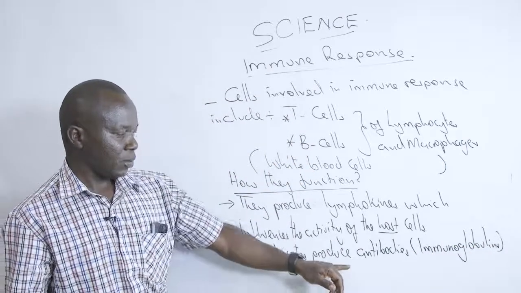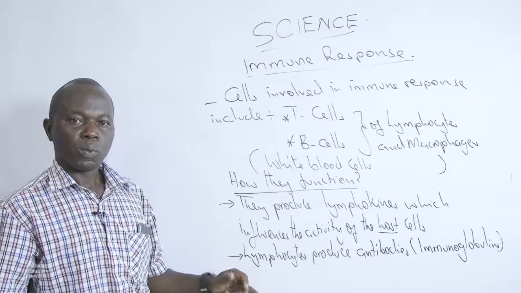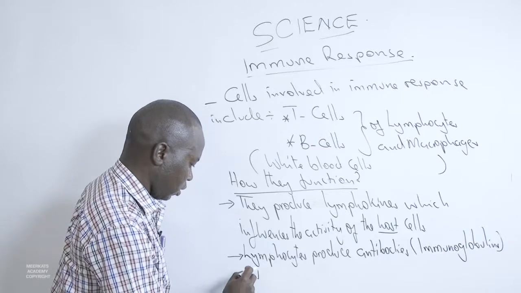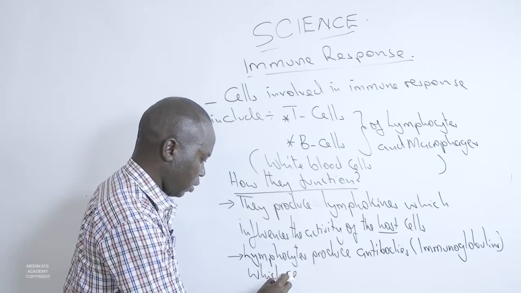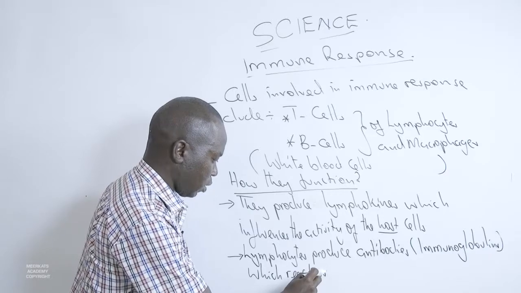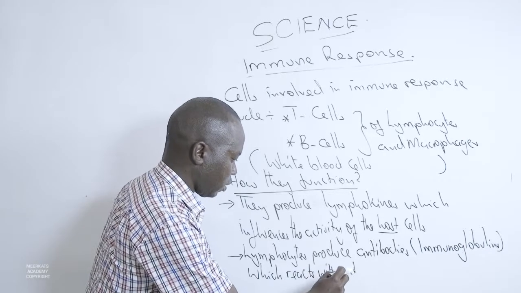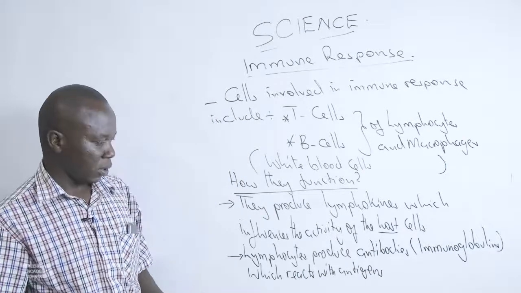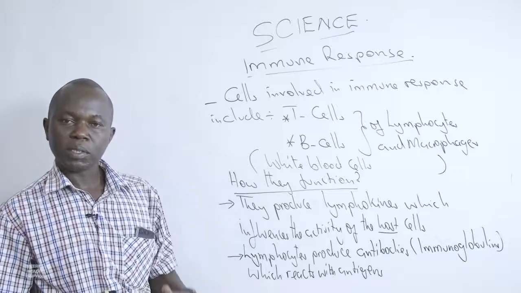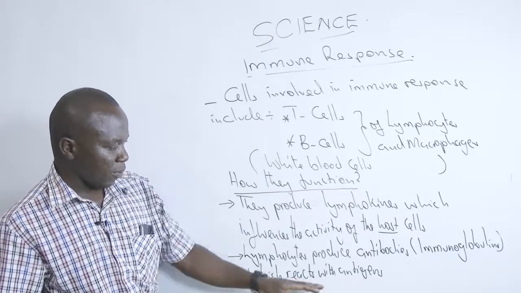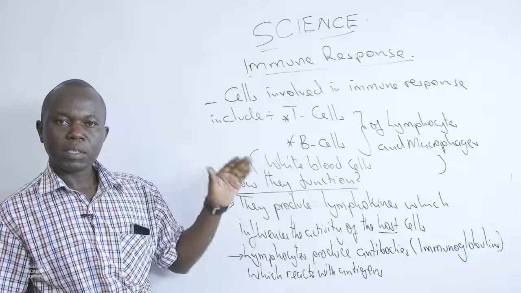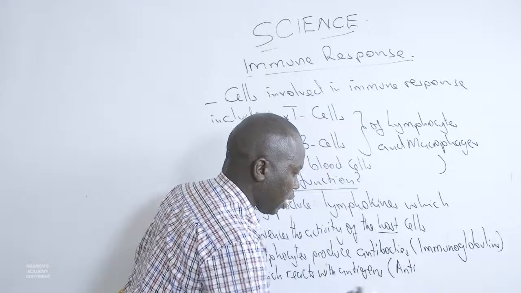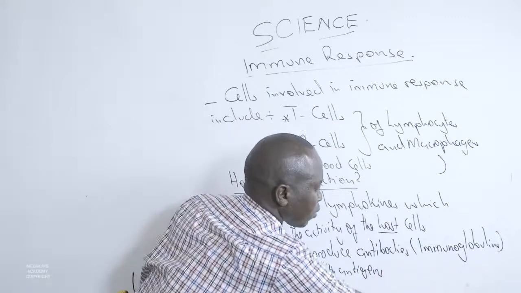So they will produce antibodies or immunoglobulins, which will now react with antigens. So we are going to find out how these reactions actually occur, or the kind of antibodies that are produced. This type of reaction is usually called the antibody-antigen reaction.